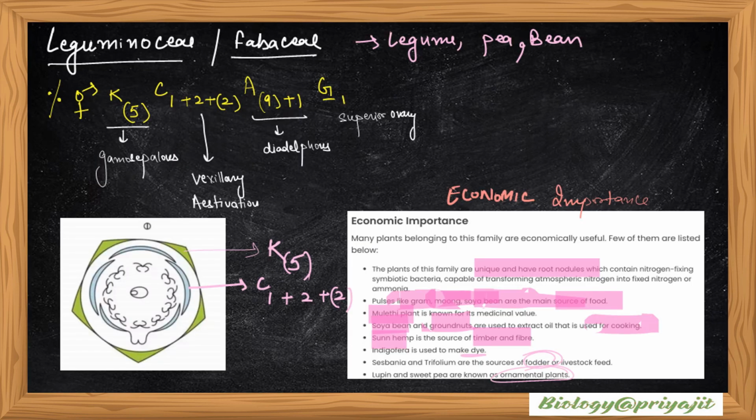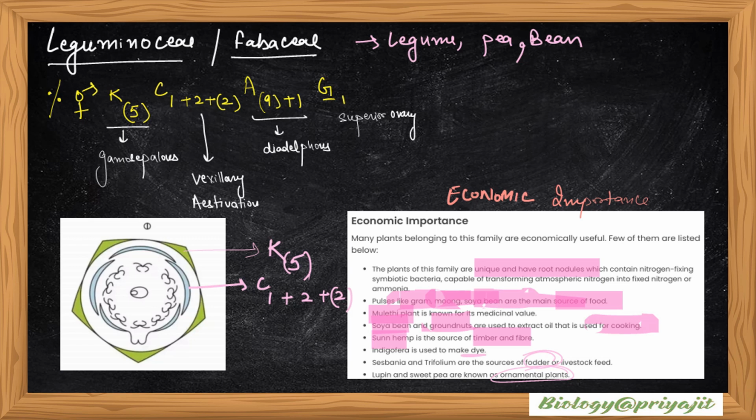Now I'll go for Leguminosae or Fabaceae. The fruit is called as legume. Pea, bean is the example. Here you can find the zygomorphic type of symmetry. The flower is bisexual. The sepals are gamosepalous condition. 5 sepals are there.